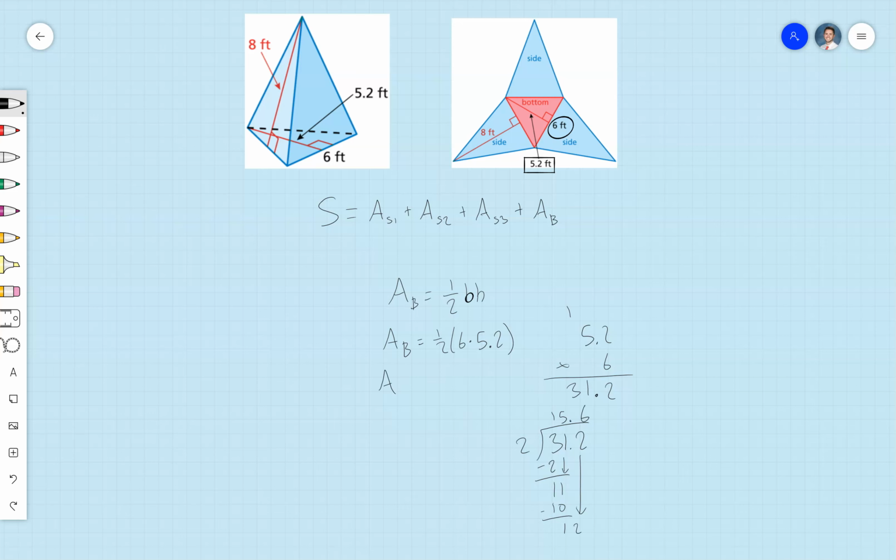So the area of our triangular base is 15.6 square feet. So we can replace that here in our surface area formula.